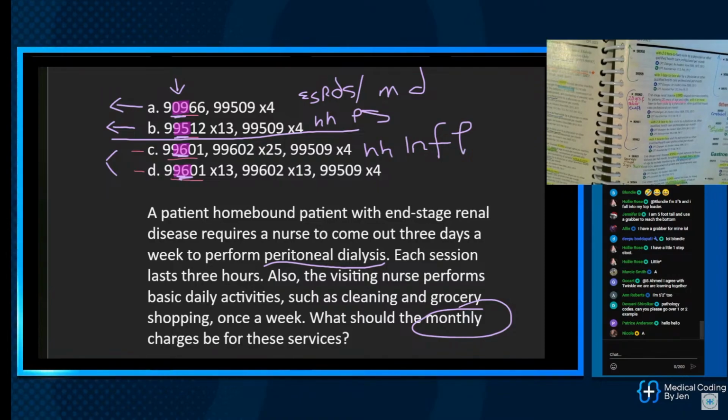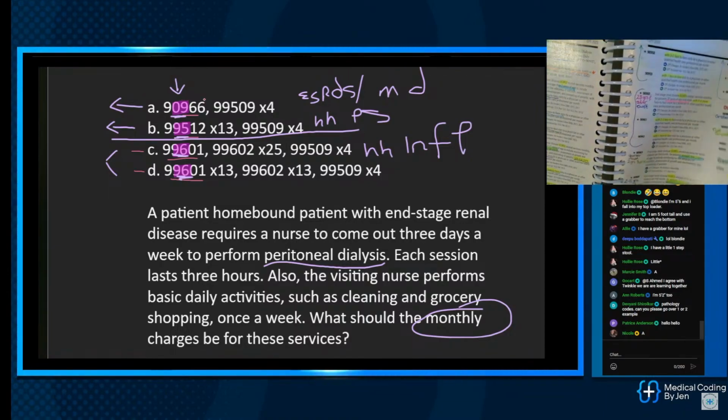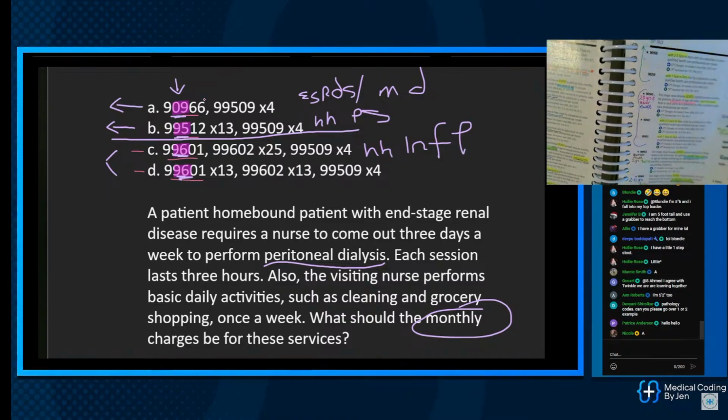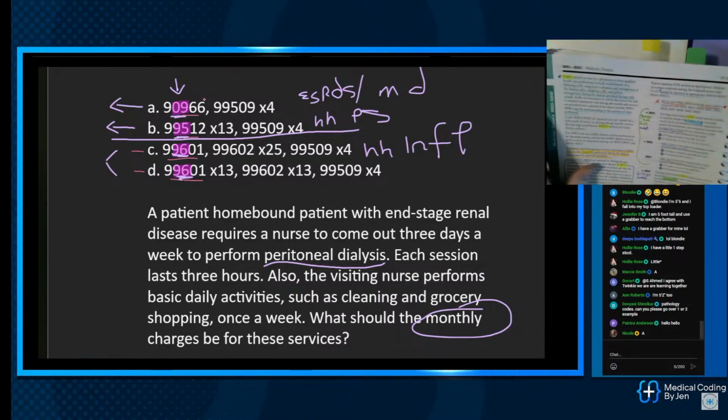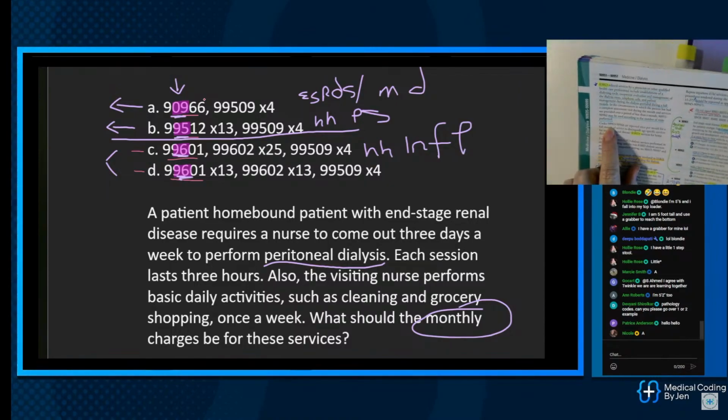If you have your one-word differences down beside your codes, it can also be super helpful to know that 90966, your guideline for 90966, is this paragraph over here on page 738.